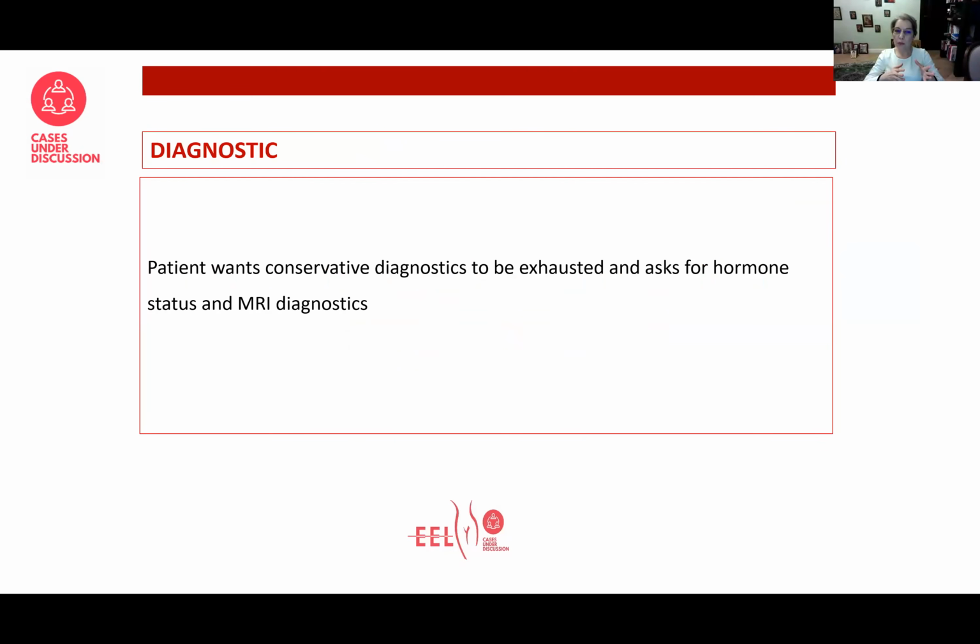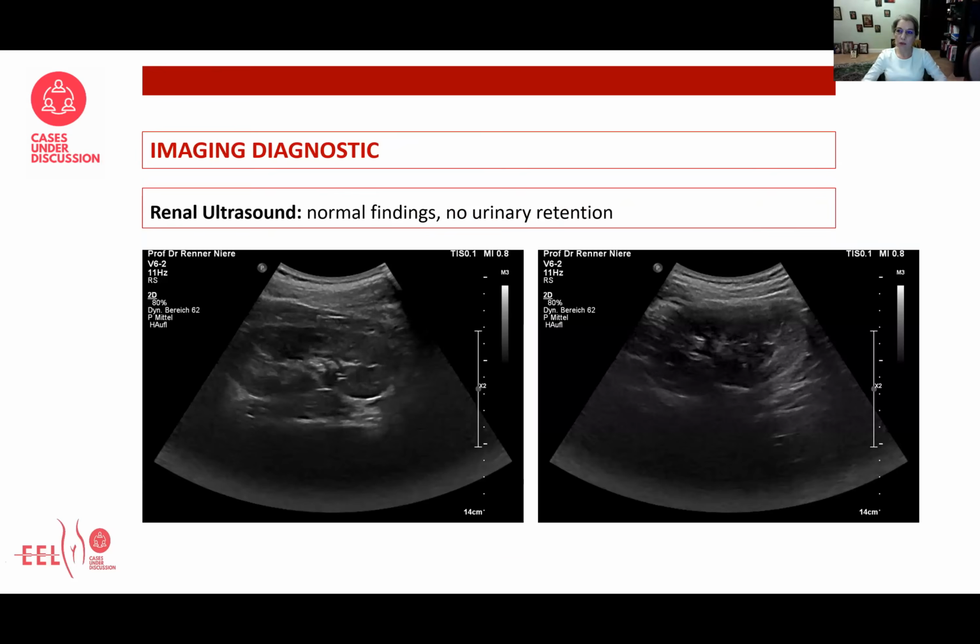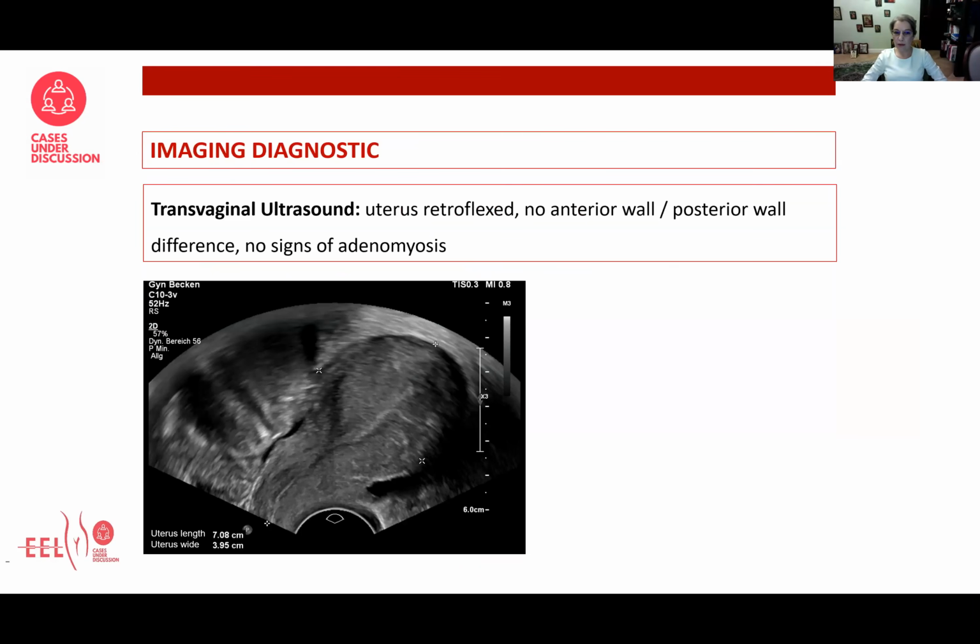Did you see the patient immediately after menstruation, to see if she has a little bit more fluid, blood in the pelvis with the ultrasound before sending her to the MRI? At this time, she was in the outpatient department. She had her menses, so it was a period at this time.